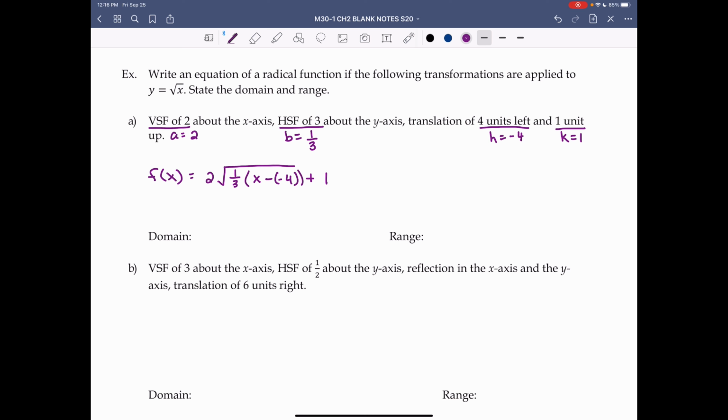So we can simplify this part here. This means plus 4. Minus negative 4 is plus 4. So our simplified function is f of x equals 2 square root of (1/3 (x plus 4)), plus 1.